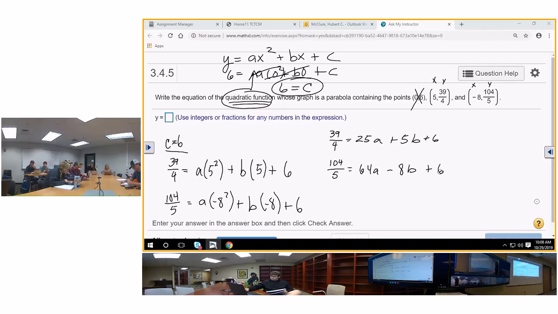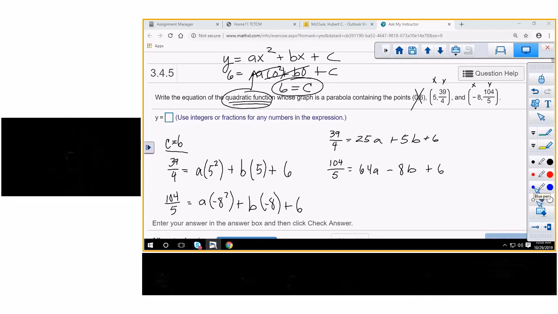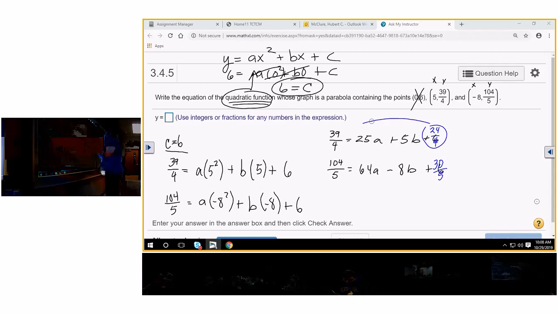Okay, so we're going to change this into 24/4 and change this into what? 30/5 and take that over, and take that over.